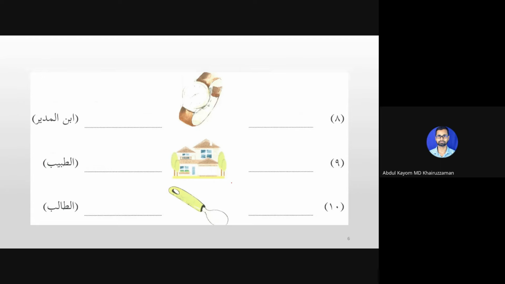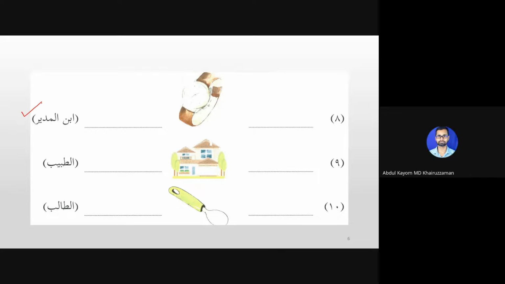Next we have a watch. Watch means sa'a, ساعة, sa'atun. So how to say whose watch is this? لمن هذه الساعة؟ Liman hadhihi sa'atu. Then how to answer it?